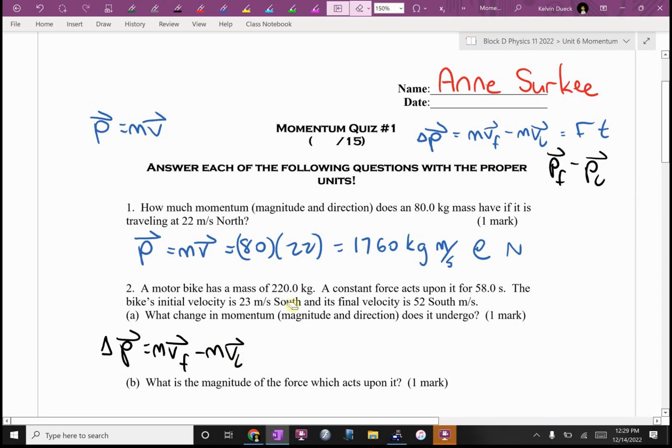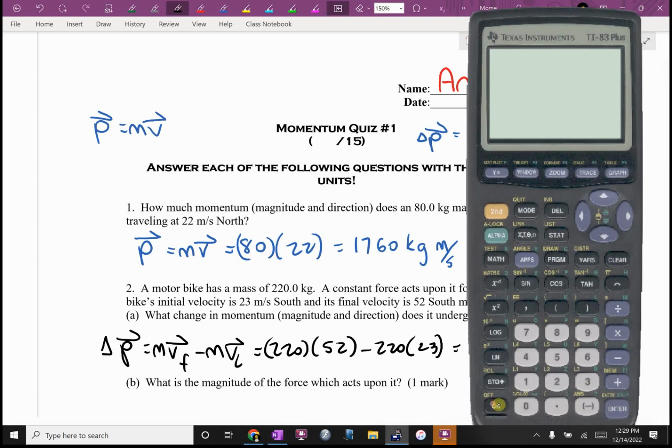I saw the word south. Is there a direction change at all? Do I need to let one way be positive and one way be negative? I'm going to let south be positive then. So it's going to be 220. Looks like V final is 52 minus 220. V initial is 23.